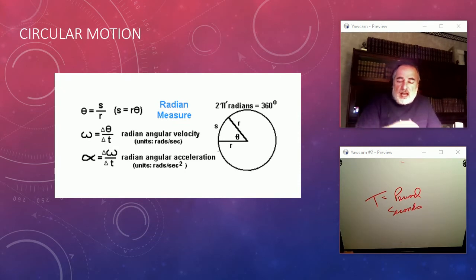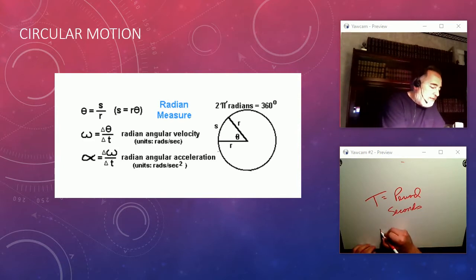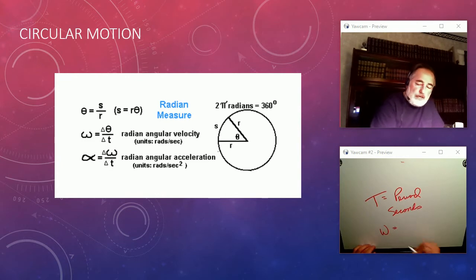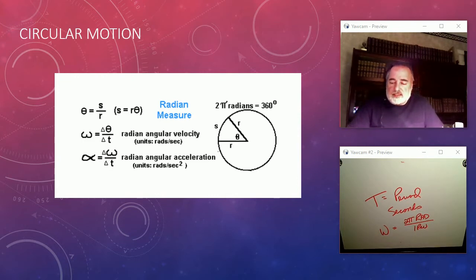It is how many seconds it takes to do one revolution. And I can define my angular speed in rads per second, knowing that there are 2 pi rads, as you can see in the circle, for every one revolution. And as I said, this will involve some dimensional analysis for you probably.